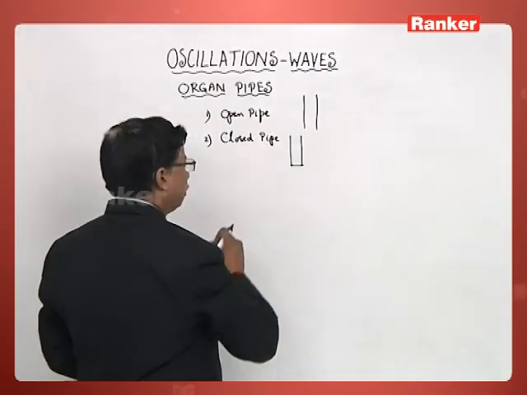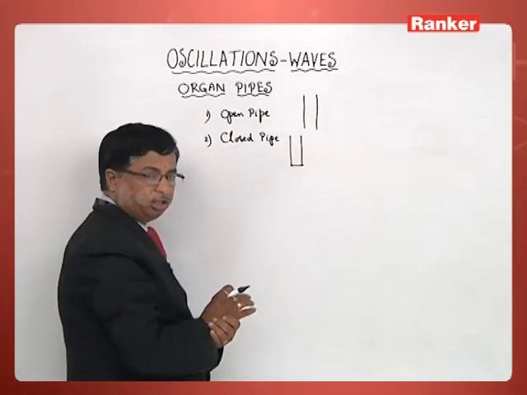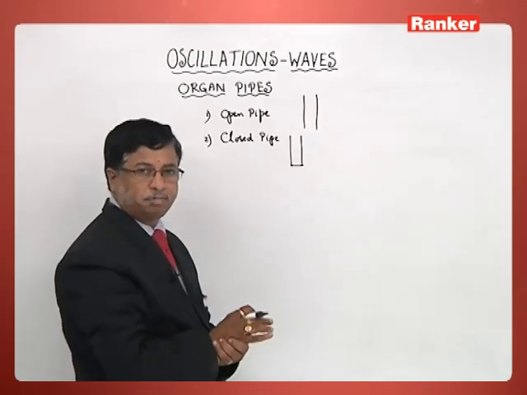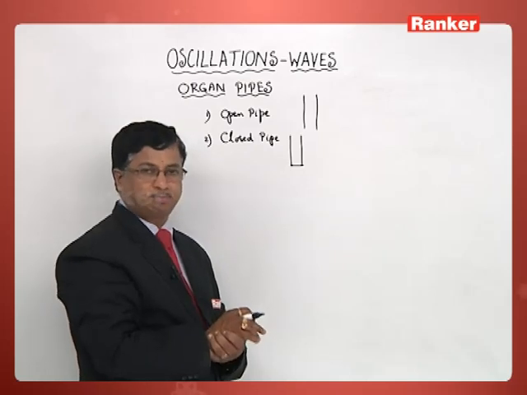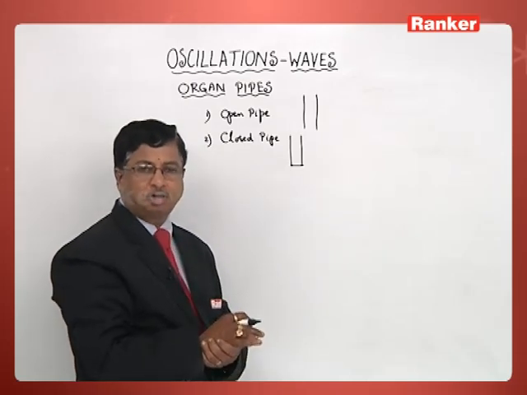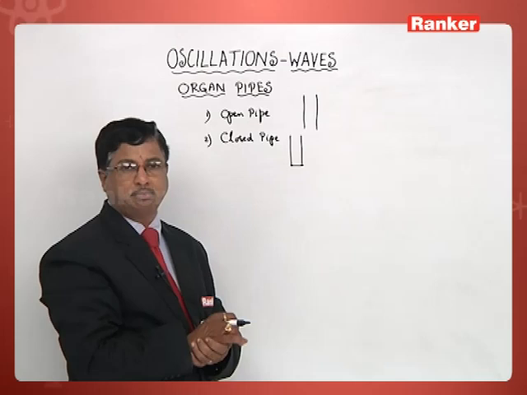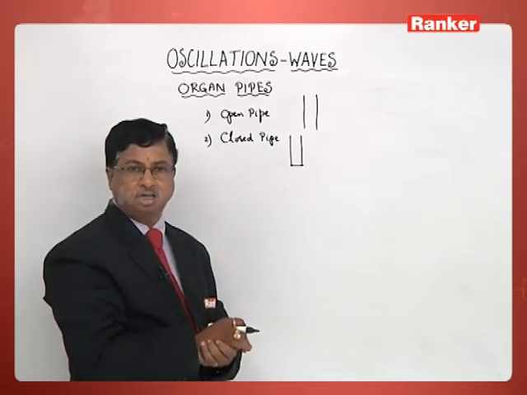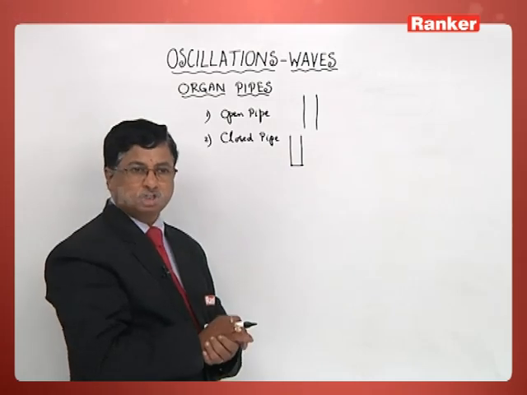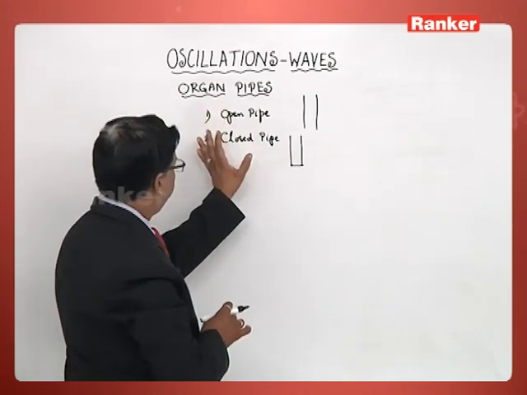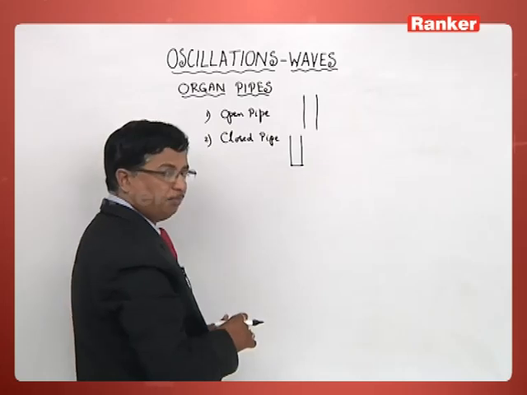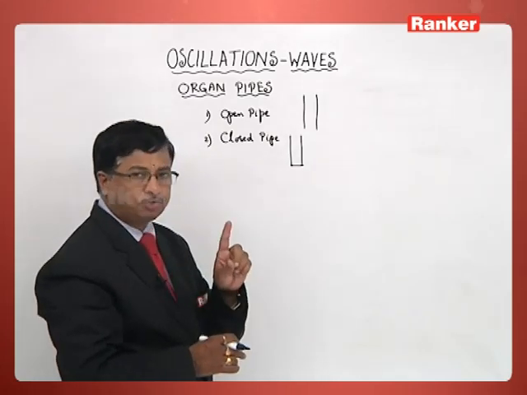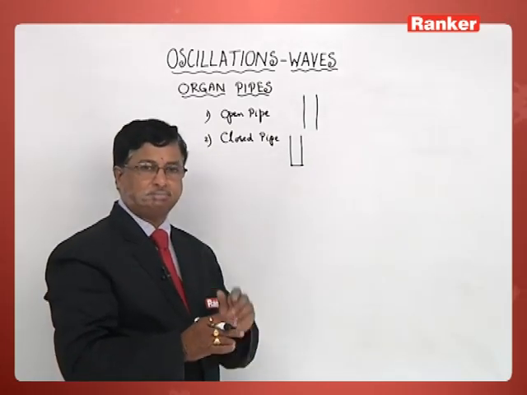These concepts we consider in the case of pipe instruments, which are called wind instruments, musical instruments like flute, clarinet and others. So, when we consider open pipe and closed pipe separately, how are the harmonics going to be formed in them?